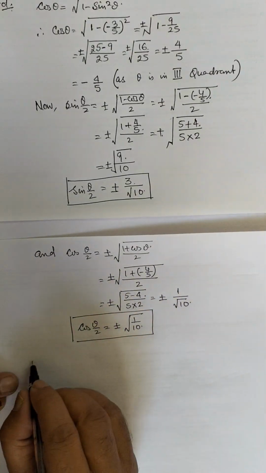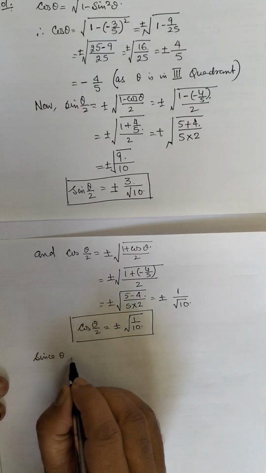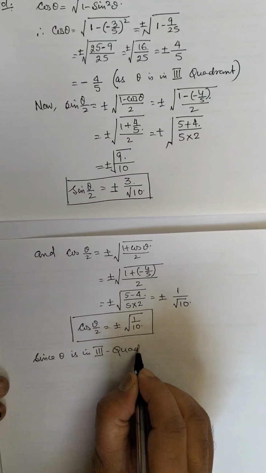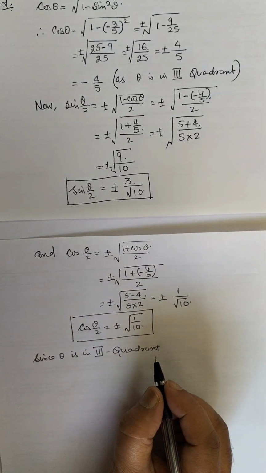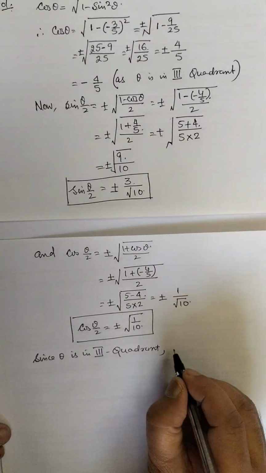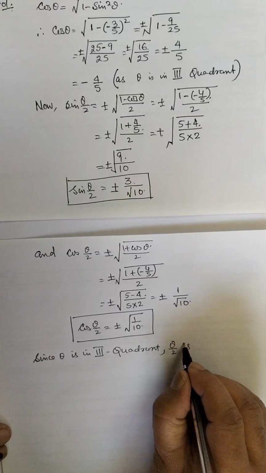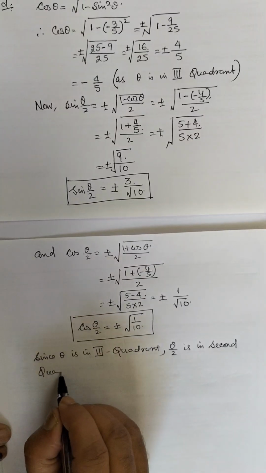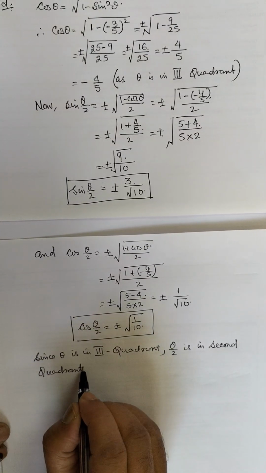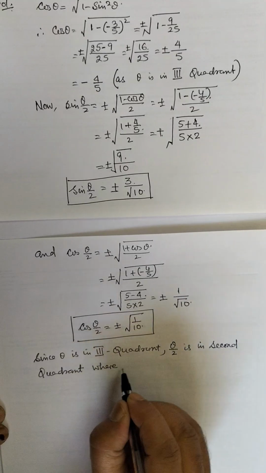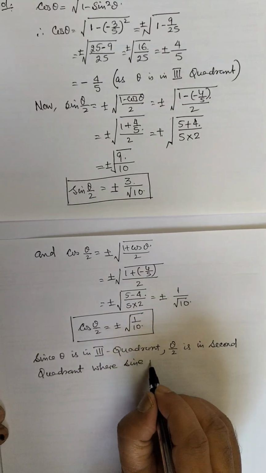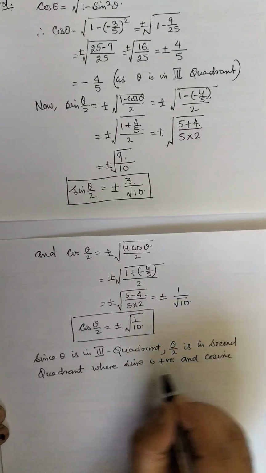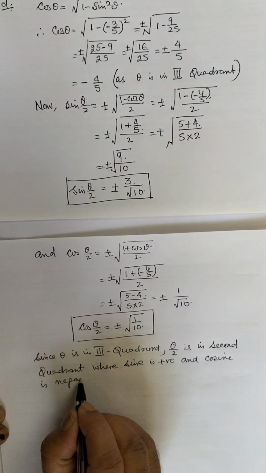Now note, since theta is in third quadrant, it is given that theta is in third quadrant, it will imply theta by 2 is in second quadrant, where we know that sine is positive and cosine is negative.